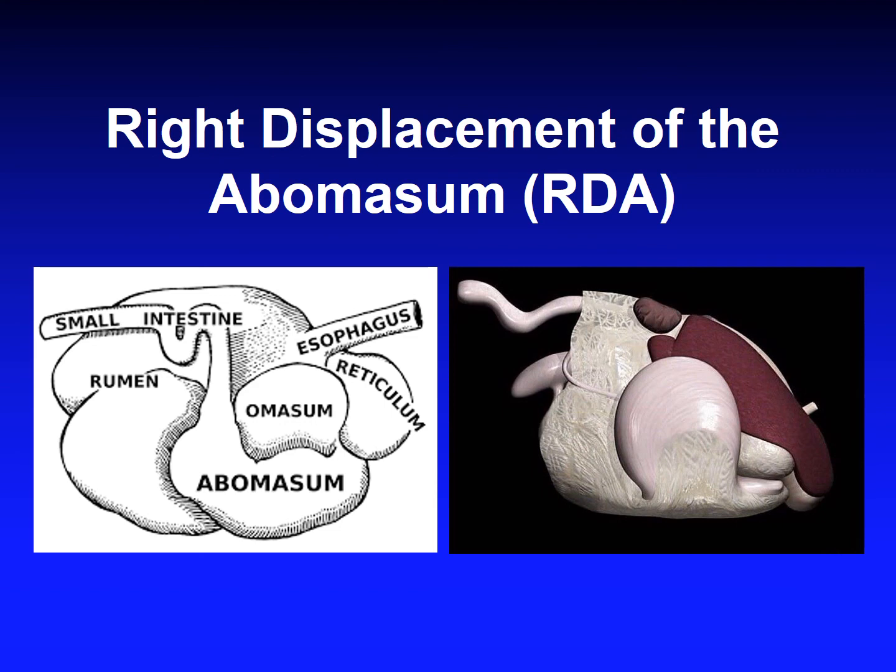It displaces itself. It migrates. It moves to the dorsal aspect of the abdominal cavity on the right-hand side. Again, what the surgeon does is pull it back and tag it to the abdominal wall, so it will not move.